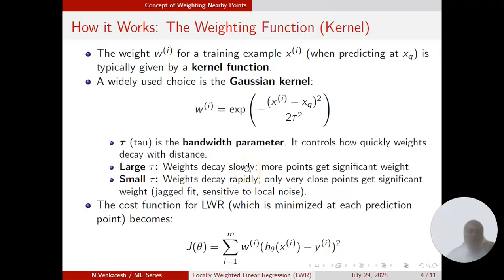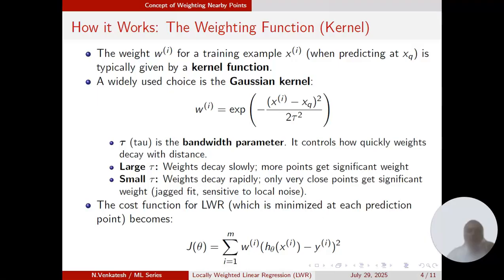Okay, so now after considering this, we will be defining our cost function. The cost function is the weighted square difference between predicted and actual values. So h theta of xi minus yi whole square, this is the square difference, and it has to be multiplied with the weight of that point.